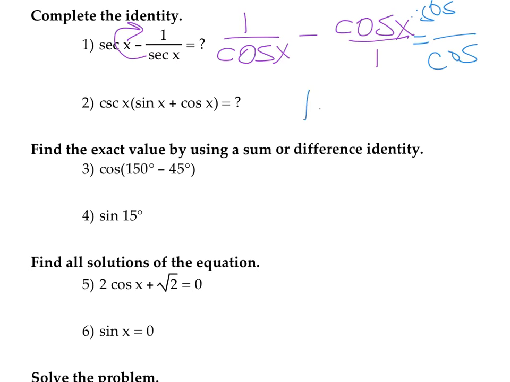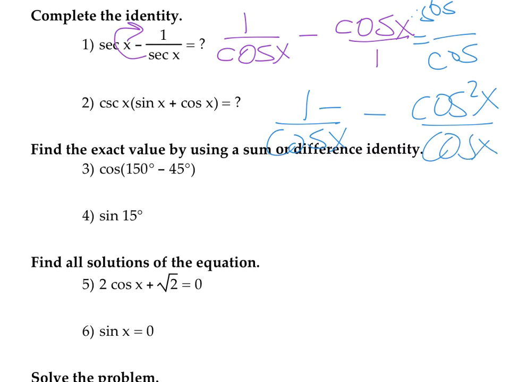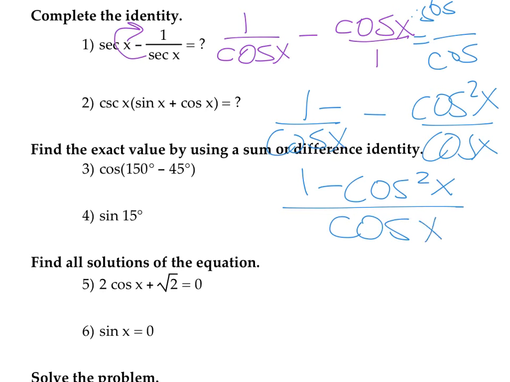And I end up with 1 minus 1 over cosine x minus cosine squared x over cosine. Combine those into 1, I get 1 minus cosine squared x over cosine. And one of our Pythagorean identities is that sine squared plus cosine squared equals 1.